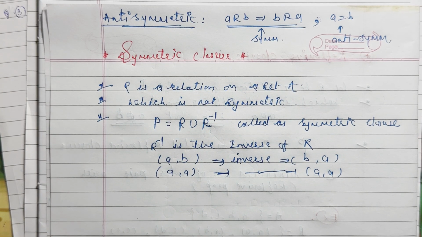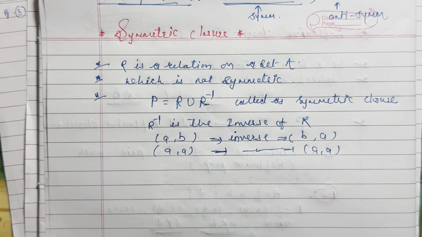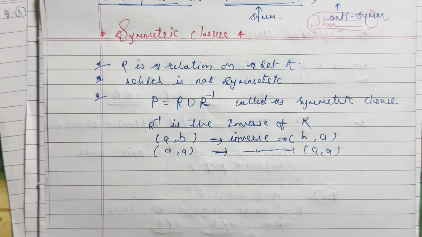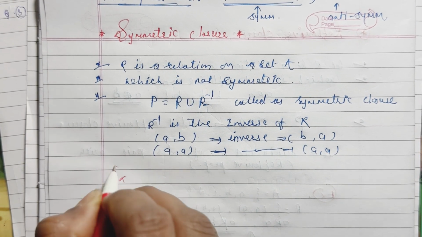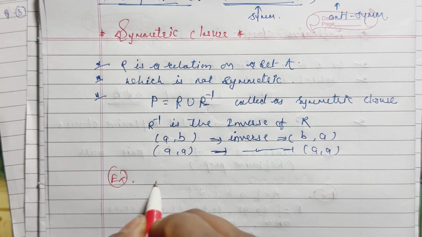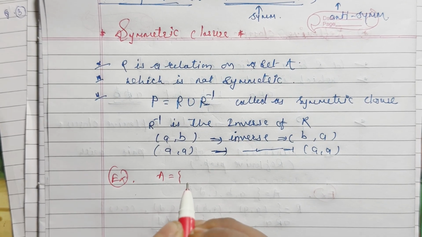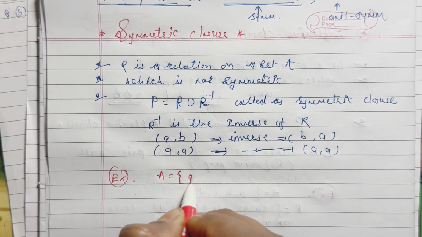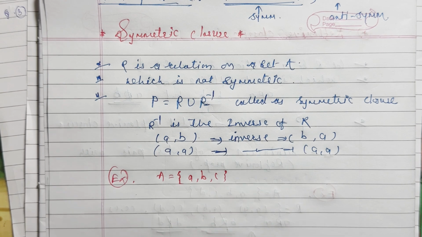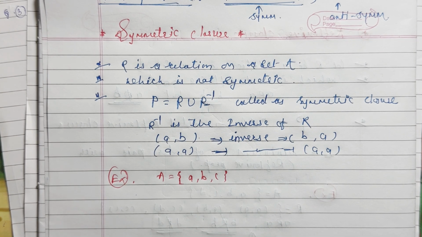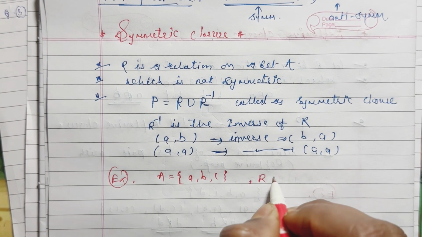Let me define an example, guys, so that I can keep this video short. I'm taking set A with only three elements, A, B, C, and a relation R which is not symmetric.